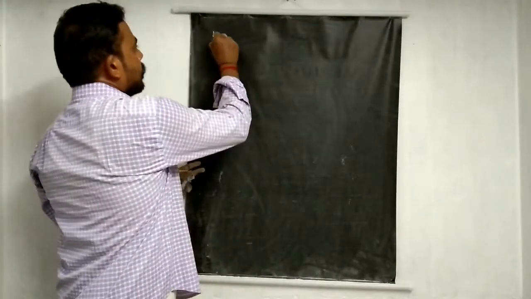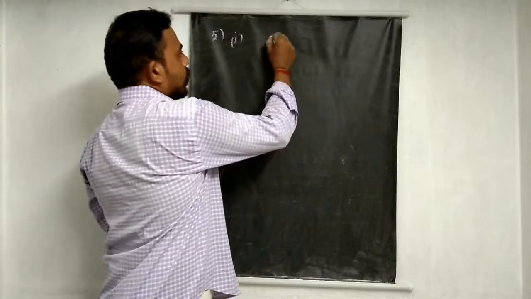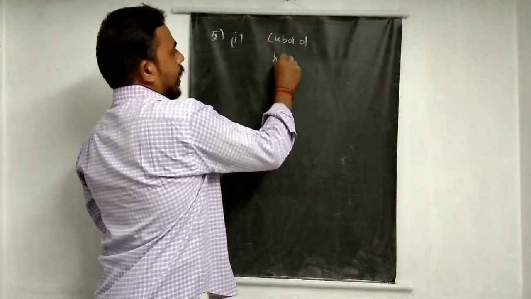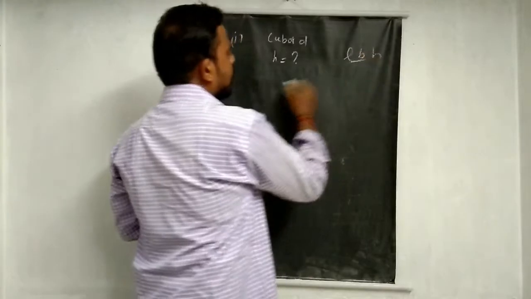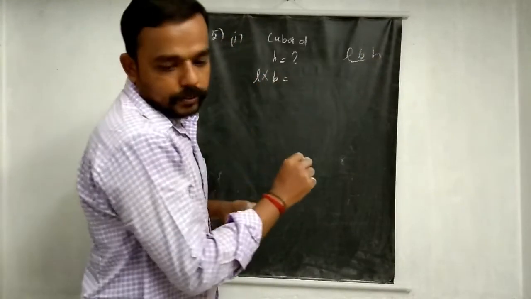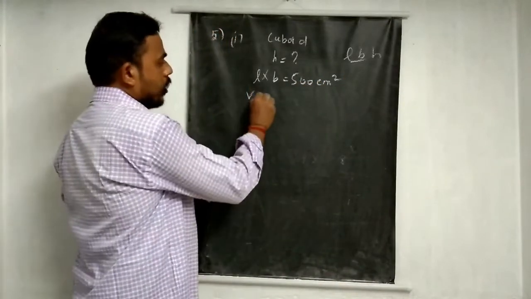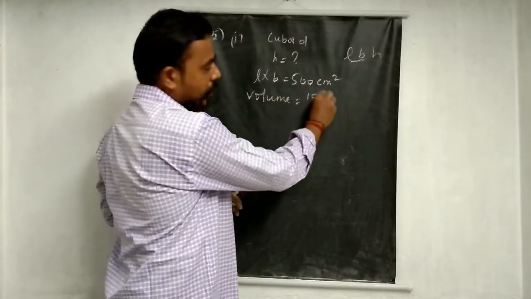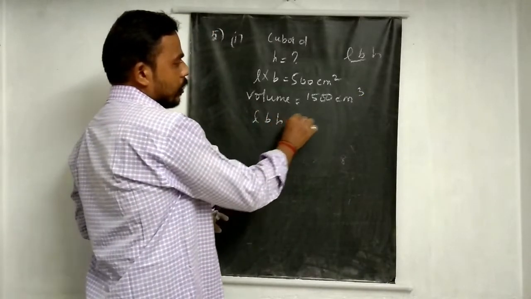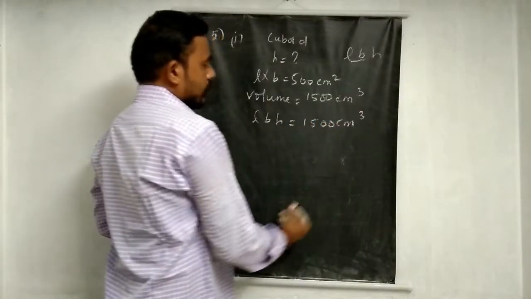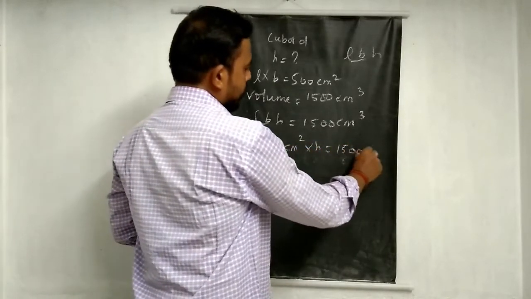Next, fifth problem, first one. Question: find the height of the cuboid whose base area L into B equals 500 centimeter square and volume equals 1500 centimeter cube. Volume is L into B into H. Substitute L into B: 500 centimeter square into H equals 1500 centimeter cube.